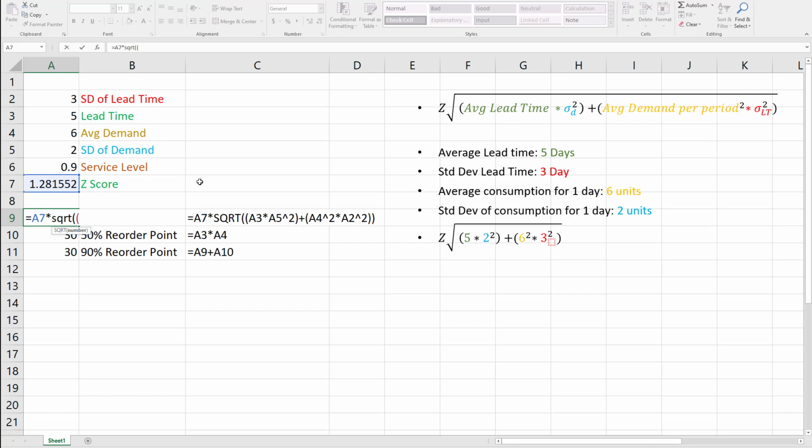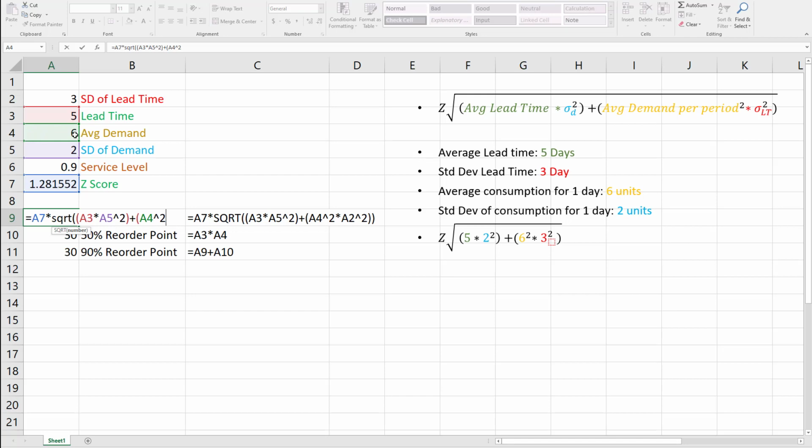So I'll show you why in a minute here. So we've got our average lead time, so we find our average lead time, and again, we do not square this, times our standard deviation of demand, and this is squared.